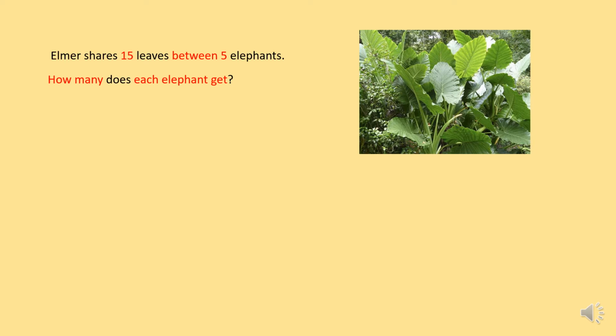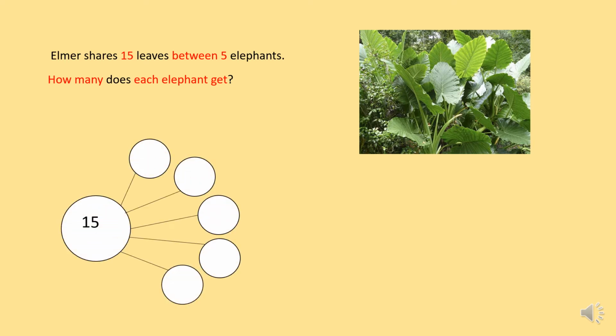So we know the whole number is 15 and we're sharing that between 5 elephants. So I've got my whole number, 15, and then to share equally into the parts, we would then have 3. Each elephant would receive 3 leaves.